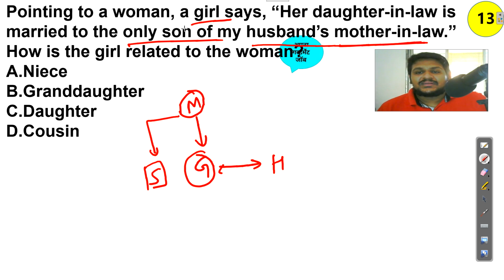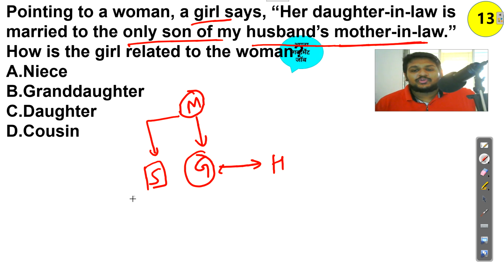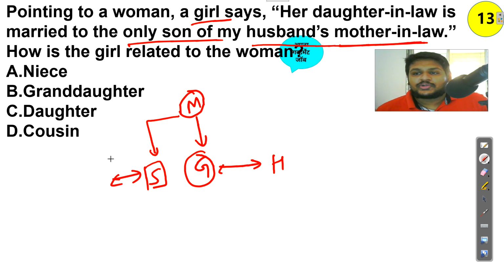Suppose a daughter D is there, married to S, so D is the daughter-in-law of M, and M is the mother-in-law of D. So this M is nothing but this woman.